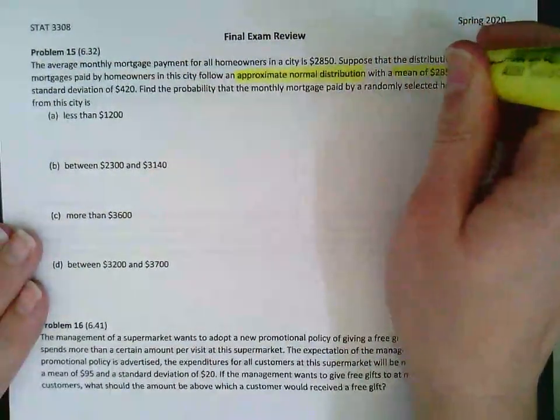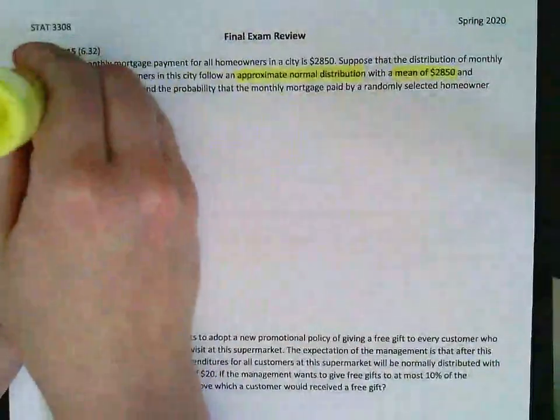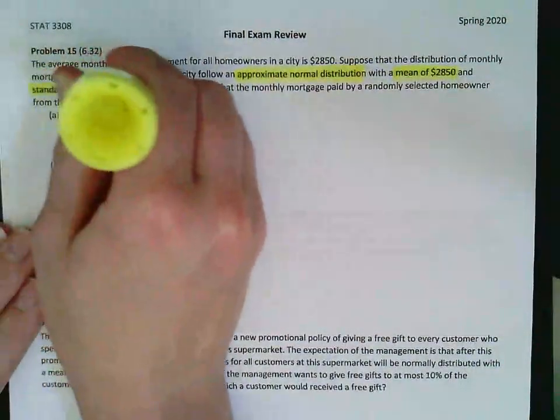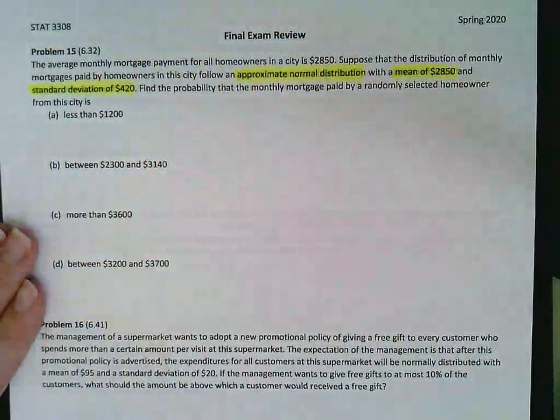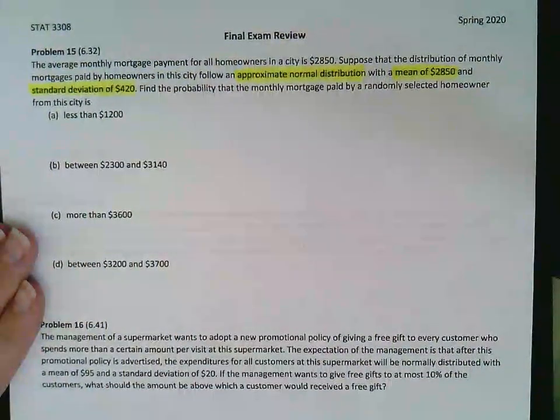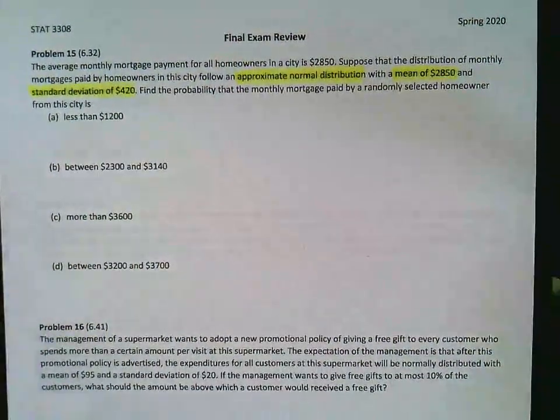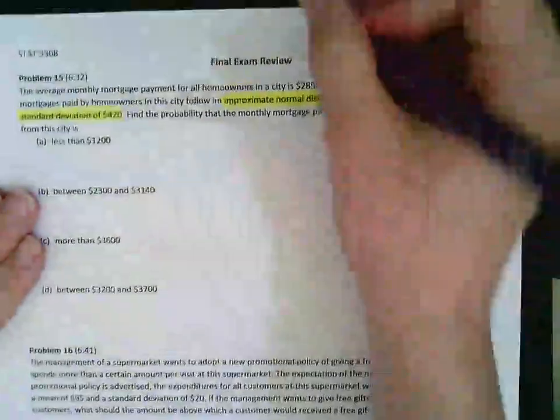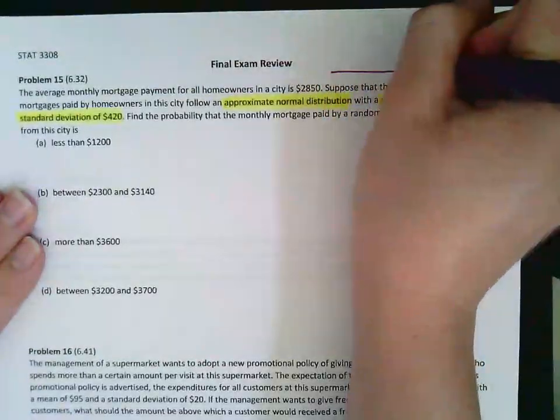You have a certain mean and a standard deviation that's given, and we're going to try to find these probabilities here. Now, normal distributions follow a continuous distribution, so we're going to be looking at a distribution that looks nice and pretty and bell-shaped.